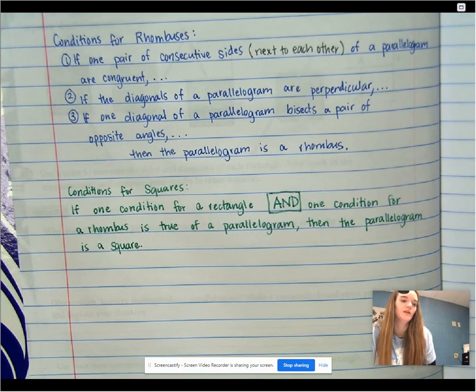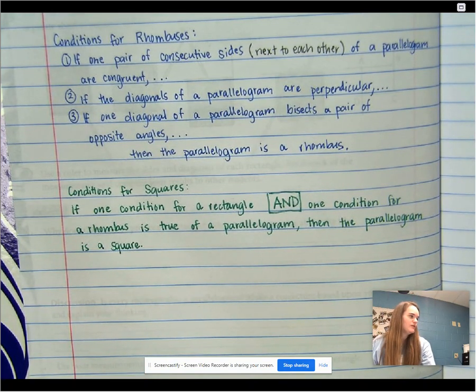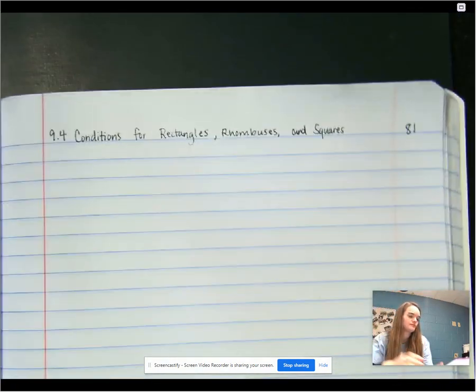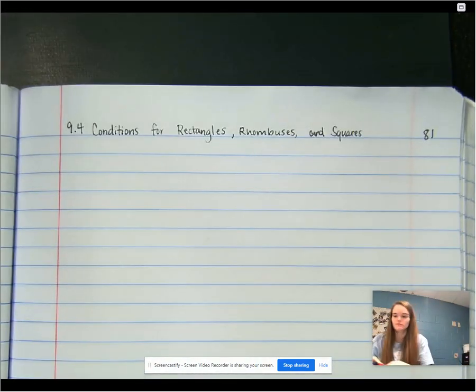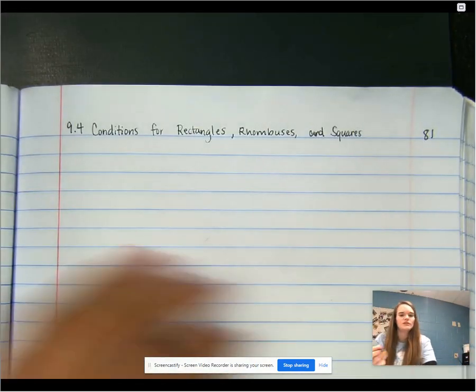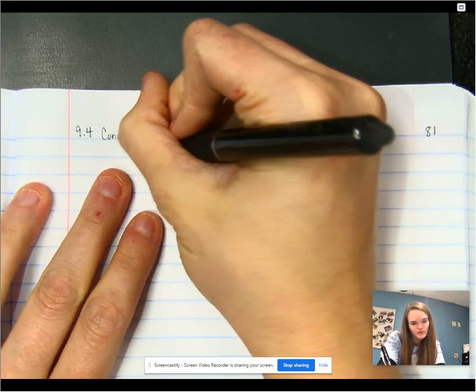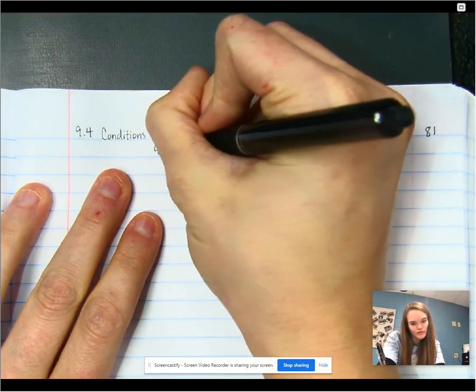We're going to be more proving than we did yesterday. You need to tear out page 462 and 464. I'll write that down. So let's tear out 462 and 464.